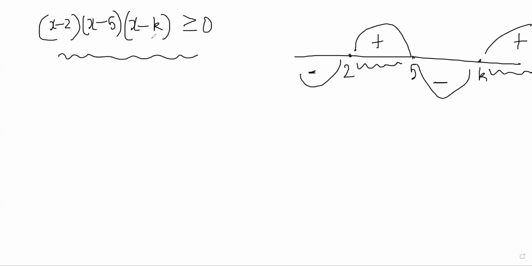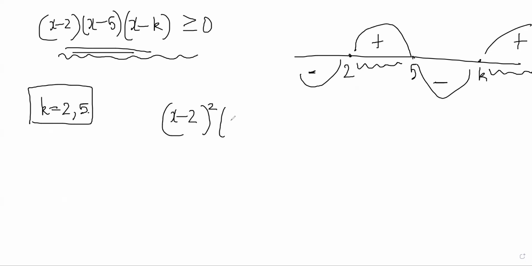So the only way to make it one interval is if k is equal to 2 or 5. It is obvious what happens when k is 2. It will start looking like this. Do you have to worry about the sign of the square?